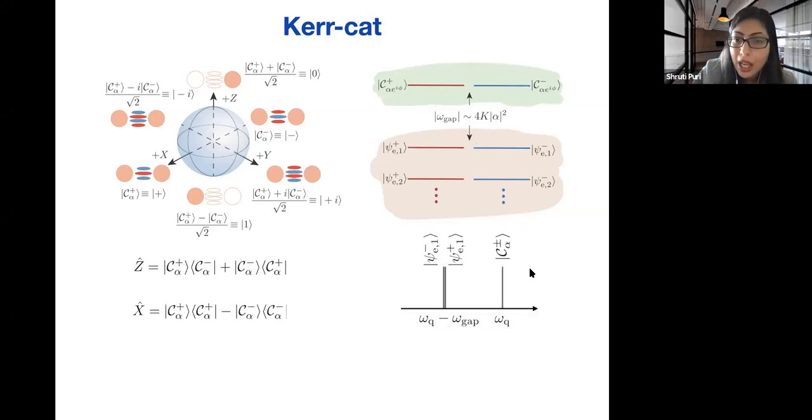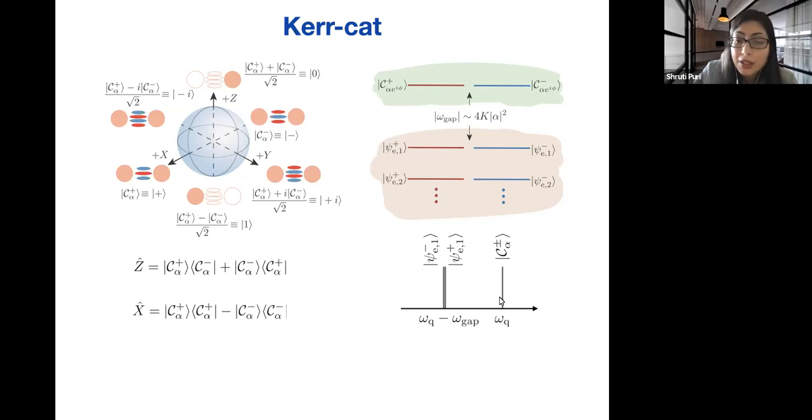It also turns out that as you pump the system, you get pairs of degenerate excited states. So these two pairs of excited states will be degenerate with each other. Well, they will be quasi-degenerate, that is, their energy gap is exponentially small in alpha.